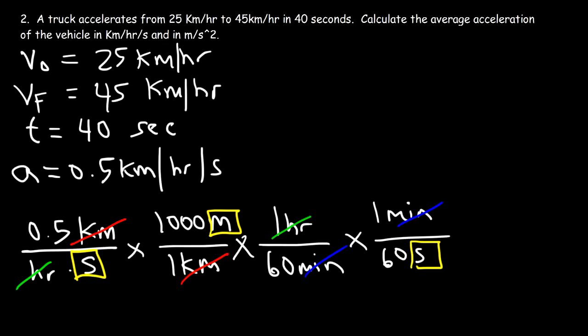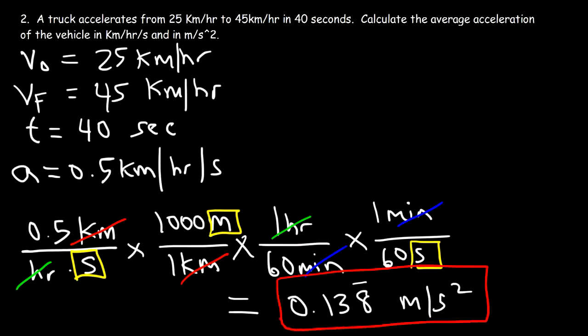And we're going to divide that by 60, which is about 8.33, and divide that by 60 again. So the acceleration of this vehicle is 0.138, repeating, meters per second squared. So that's the answer. So make sure you know how to convert from one unit of acceleration into another.